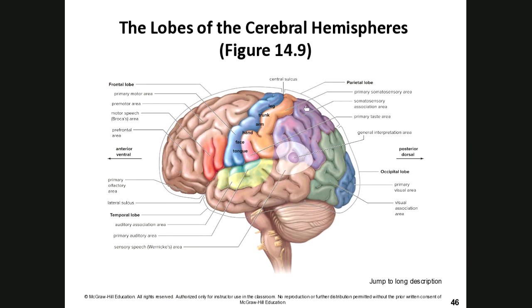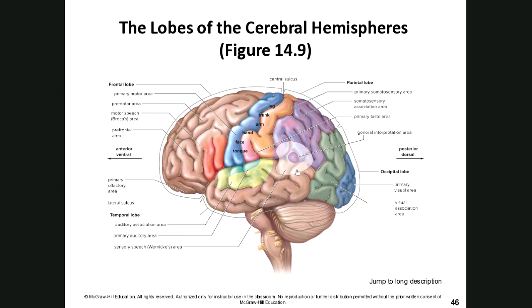In your parietal lobe, you have what's called primary somatosensory information. So the coordination or processing of information that comes from external stimuli and the sensations that come in. Your taste area is in that area in your parietal lobe as well. General interpretive area, Wernicke's area, is where you are interpreting speech, understanding what this speech means, or what the context of this is.